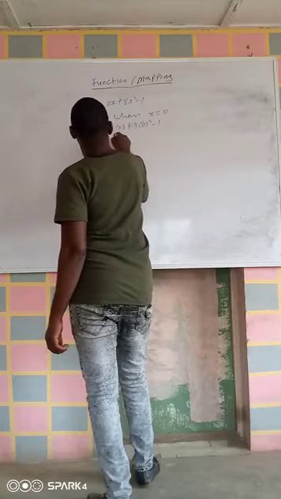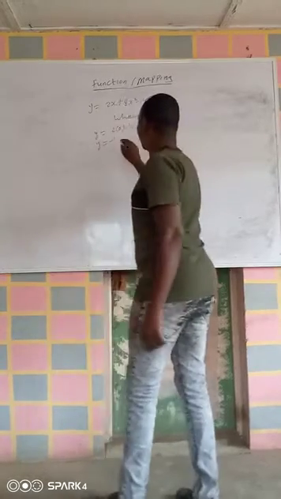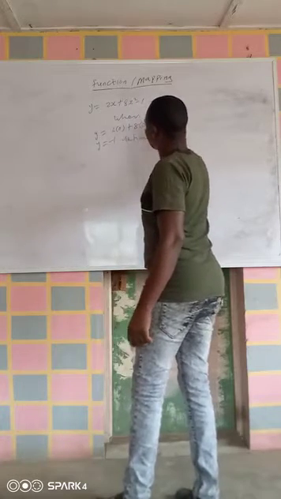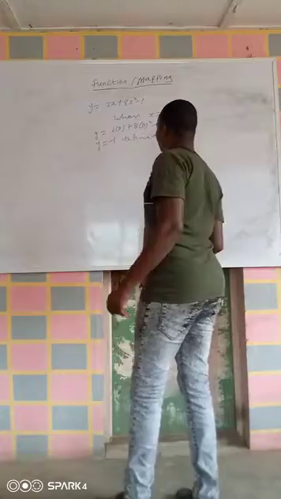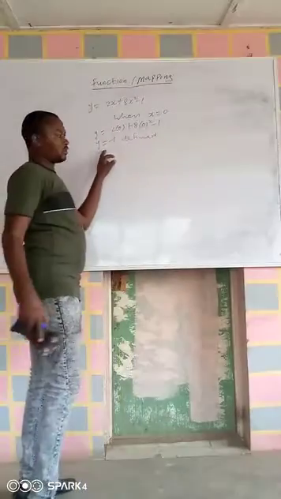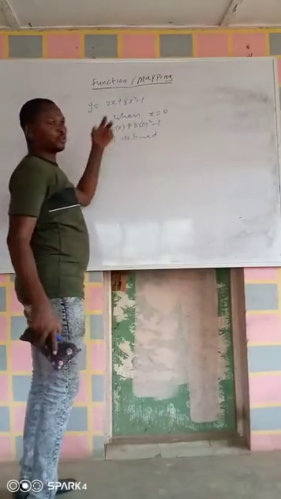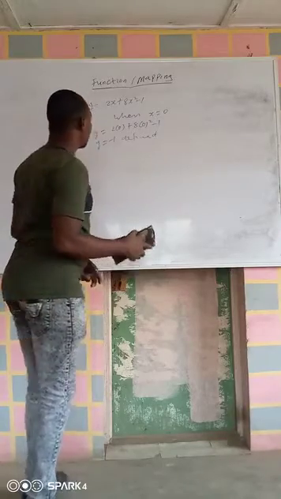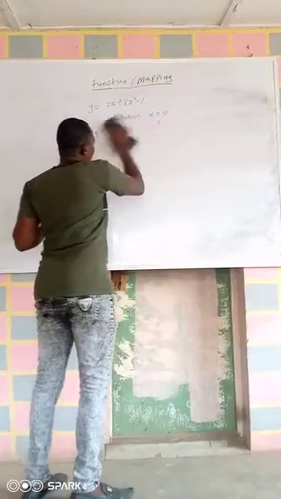So y equals to minus 1. So this is defined. So this value 0 that we put here that makes it defined is our domain. 0 is the domain. It's not the result that is our domain, but the result should point us to the operation that we are having, 0 as the domain of this function.